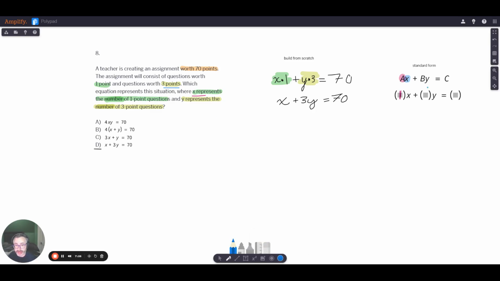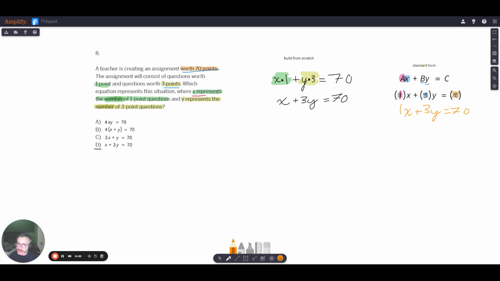They're worth 3 points. How many are there? We don't know. There's y number of 3-point questions. And then c is the total cost, or the total amount. The total value is 70. So once again, we've got this idea of 1x plus 3y is equal to 70.